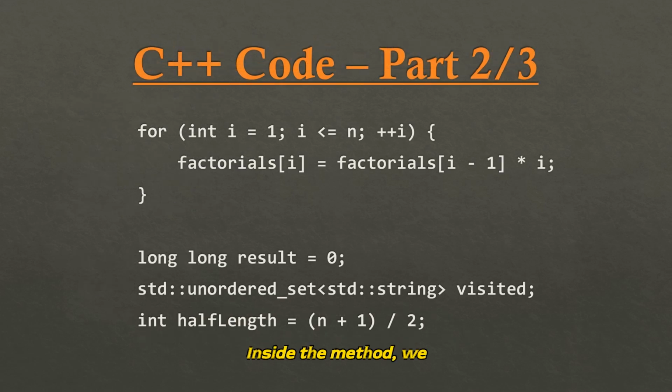Inside the method, we initialize a result variable to keep track of the final count. We also use an unordered set to record already processed digit combinations. Depending on whether n is even or odd, we calculate how many digits we need to build for the first half of each palindrome.